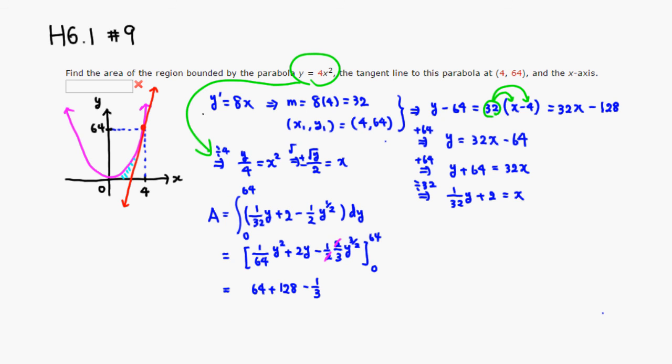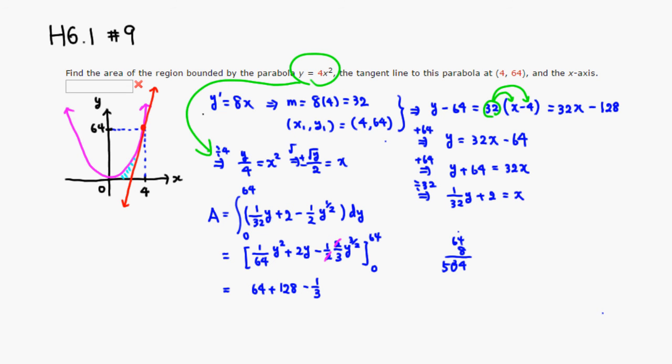The square root of 64 is 8, and 8 cubed is 64 times 8. Would be what, 4 times 24, 504. So is that right?